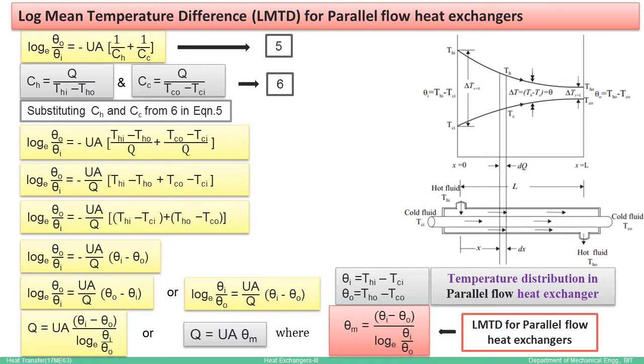So remember this equation, theta m is the general equation we have obtained, where theta I is THI minus TCI and theta naught is TH naught minus TC naught. This is particularly for parallel flow heat exchanger, whereas for counter flow the theta I and theta naught expressions will change, even though theta m is the generalized equation that will remain the same.